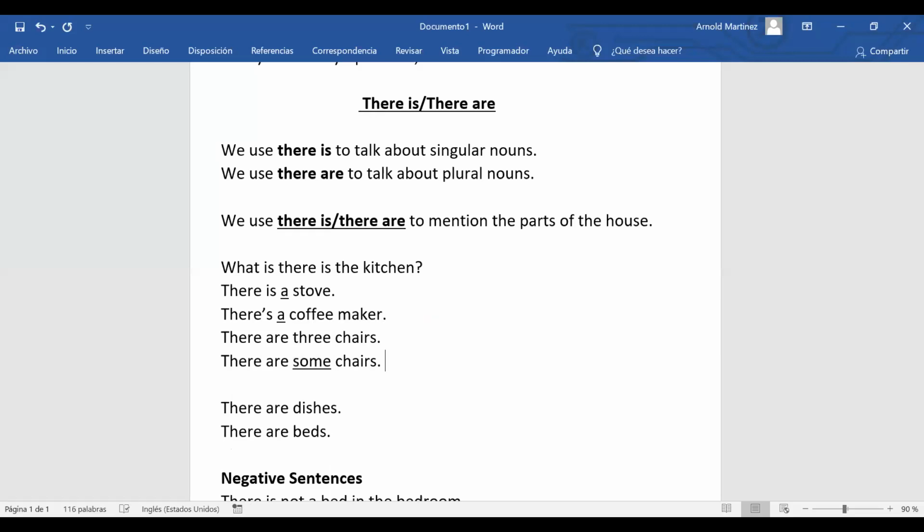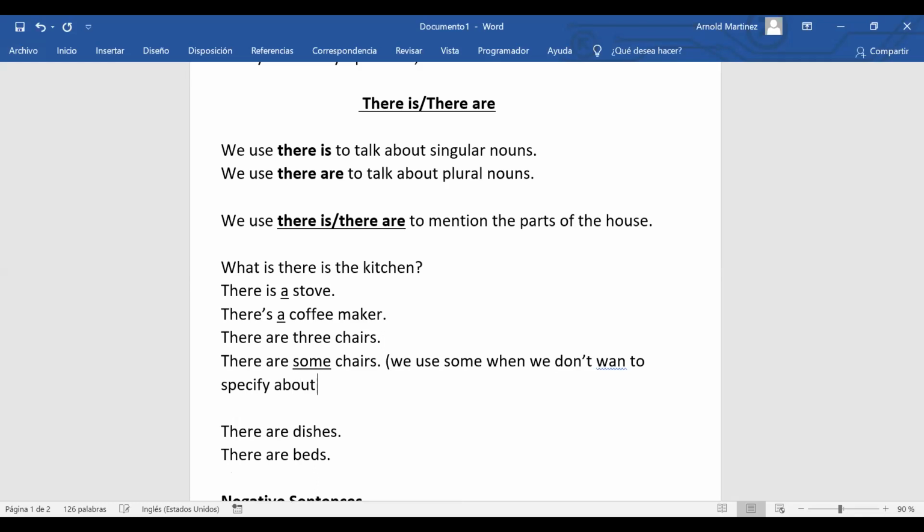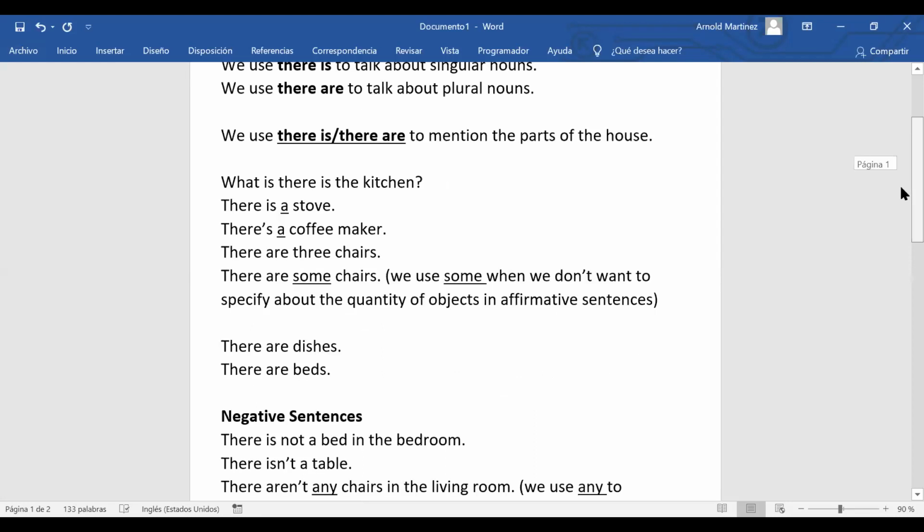Now, what is the function of some? Simple. We use some when we don't want to specify the quantity of objects in affirmative sentences or positive sentences.